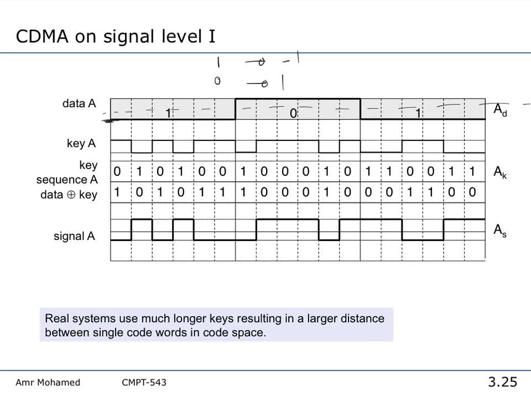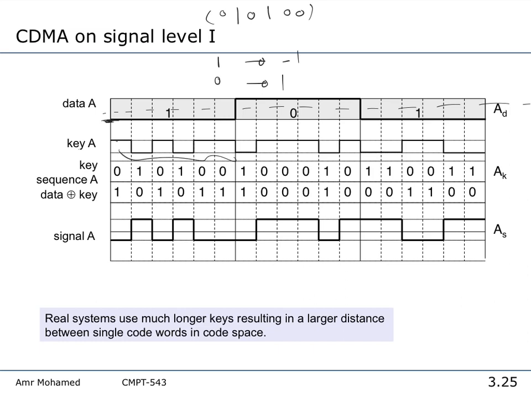This means that if you have data of 1, this is mapped to a -1 signal. Same thing here, the key of A is in fact 1, which means that the actual code had 0, and then 1, and then 0, and then 1, and then 0, 0.